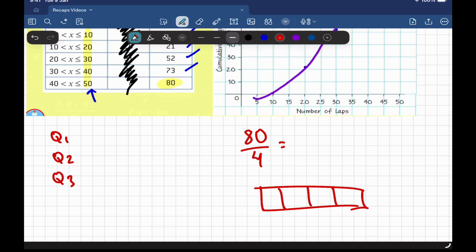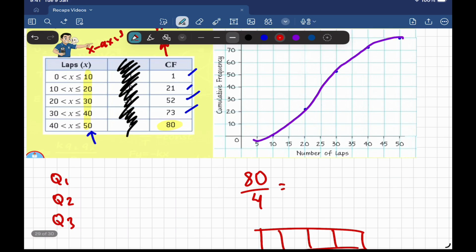In this way we can have quartile 1, quartile 2, quartile 3, and quartile 4. Usually we only use Q1, Q2, Q3. So by dividing the total cumulative frequency by 4, obviously this is 20. We are going to find the size of each quartile.